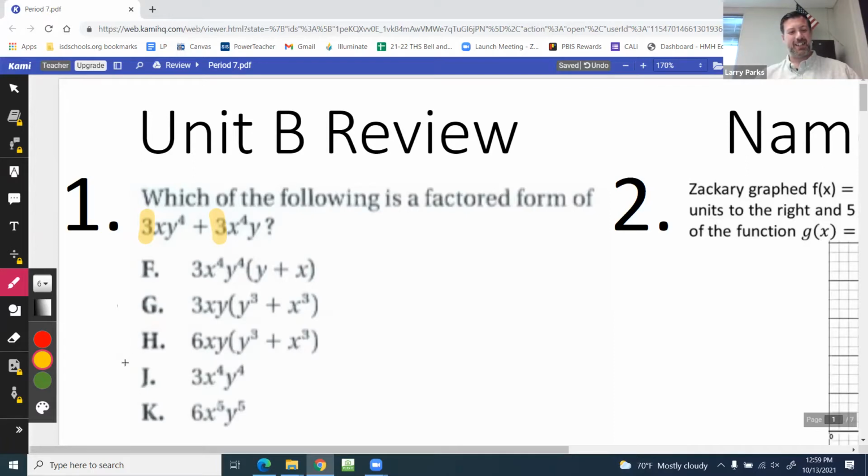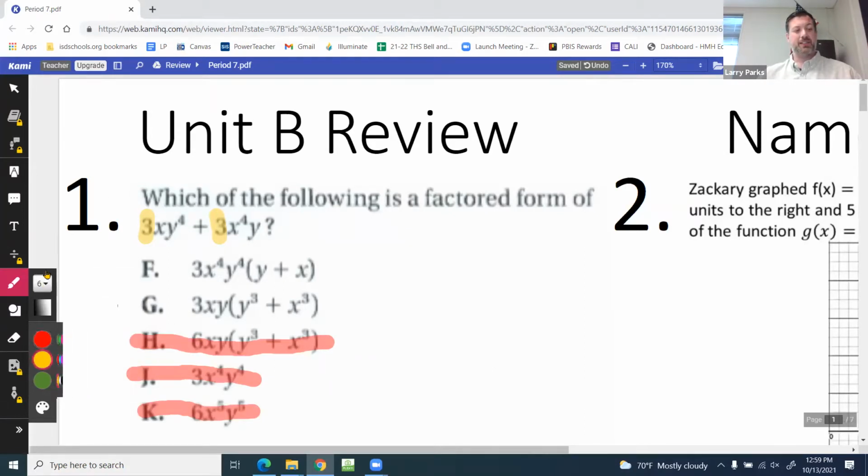So right here, H, there's no way it could be H. That's a 6. When you factor something, you have stuff in parentheses, so it can't be J. And on K, again, it says 6. So immediately I could cross off H, J, and K.